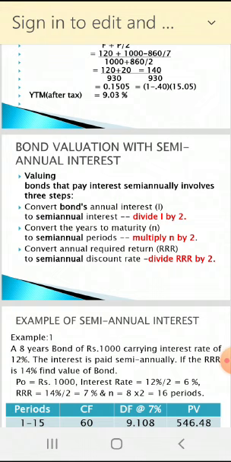Interest rate is 6%. Period is not 7 years but 14 periods. This thing we have to understand when the company is making payment semi-annually or half yearly. You will understand that by this simple example.